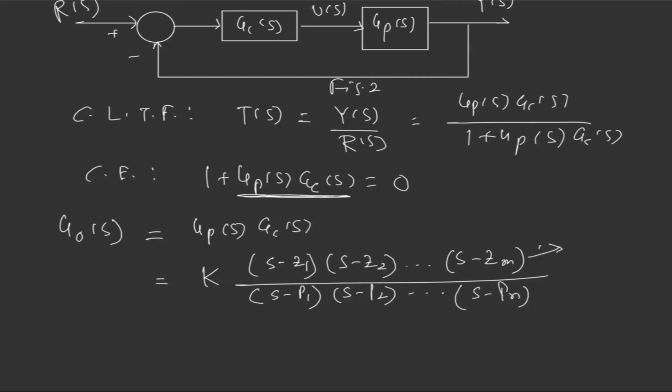This gives the open loop zeros, and this gives the open loop poles.